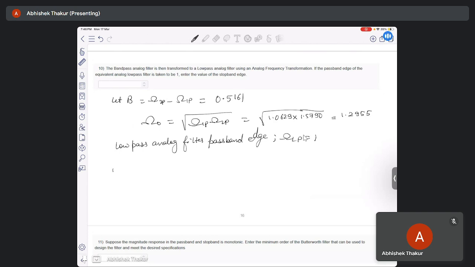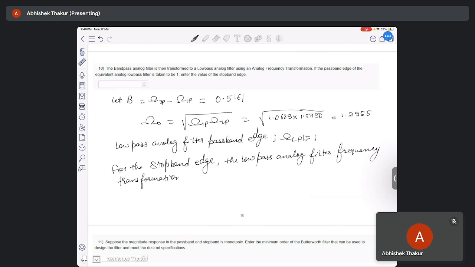And for the stop band edge, the low pass analog filter frequency transformation is given by omega L is equal to omega square minus omega naught square divided by B omega.